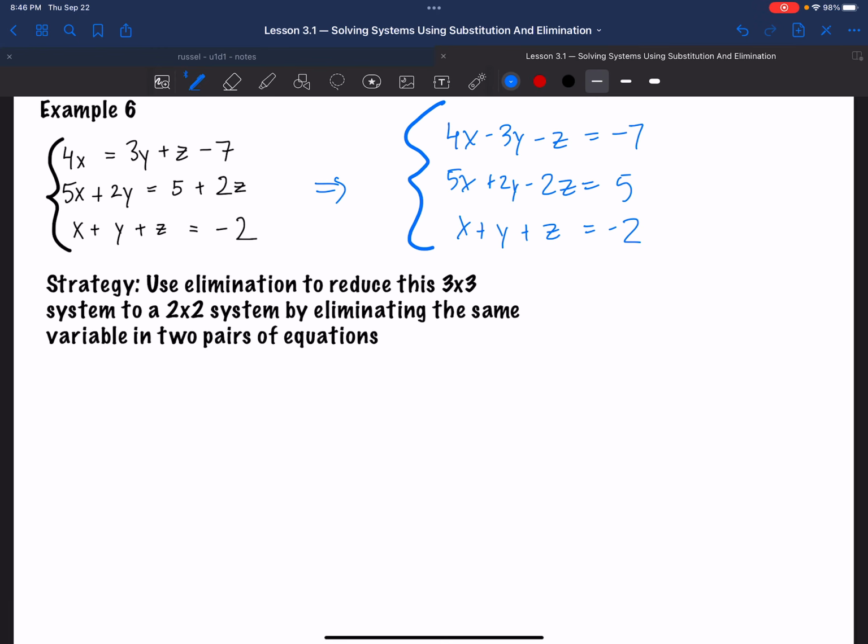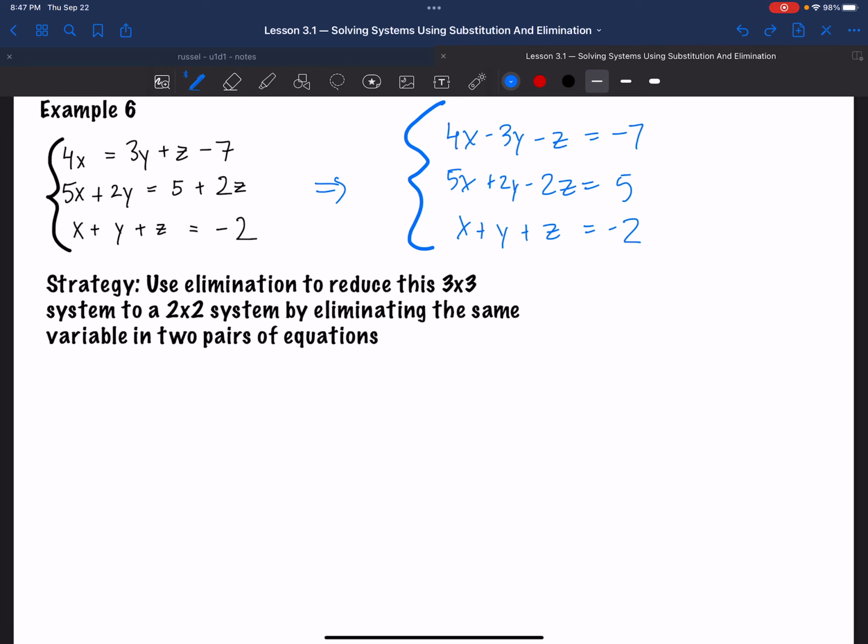All right, so here's my strategy. As I've said before, we want to use elimination to reduce this 3x3 system to a 2x2 system by eliminating the same variable in 2 pairs of the equations. So, strategy: pick a variable to eliminate. In this case, any suggestion goes. If you want to eliminate x, fantastic.